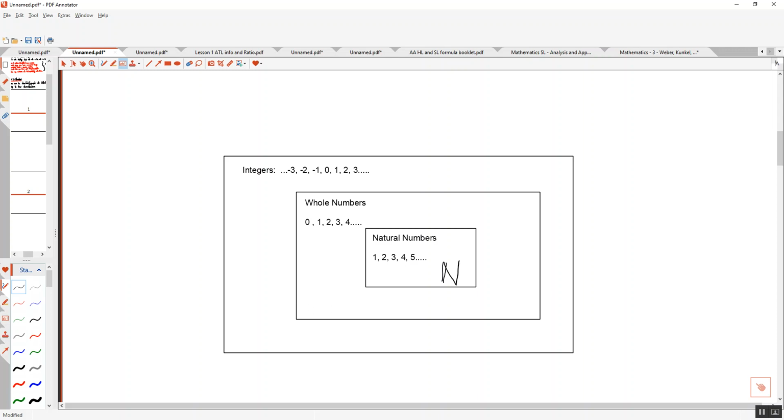And they get a special symbol. Their special symbol is not an I, it is a Z. Okay. So those are the integers. So integers are all negative, 0, and positive numbers.